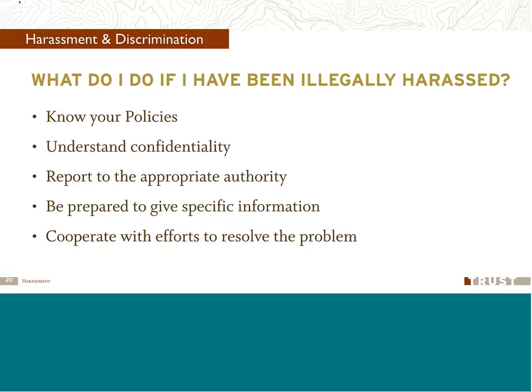This information is something they need to be able to identify if there's a problem and what corrective action needs to be taken. So give specific information: who, what, when, where, so that we can make those determinations and take that corrective action. If we need to do something to cooperate to resolve the problem, we need to do that.